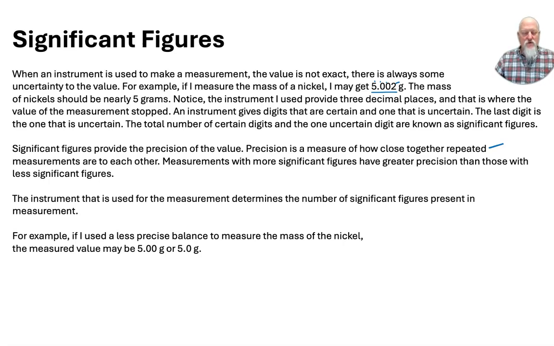If I used a different balance, one that wasn't as good, I might get 5.00 grams, or 5.0 grams, or 4.9 grams, or 5.1 grams. Depending on the quality and accuracy of the balance, I might not get as many decimals as I get with the one in my lab.